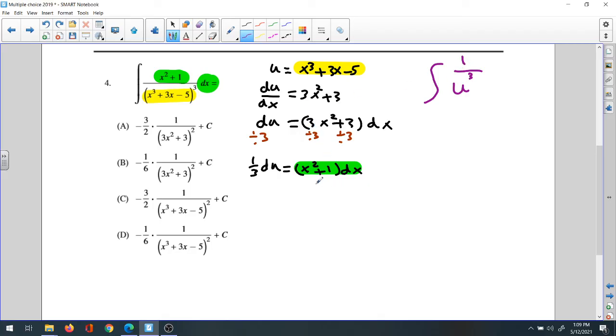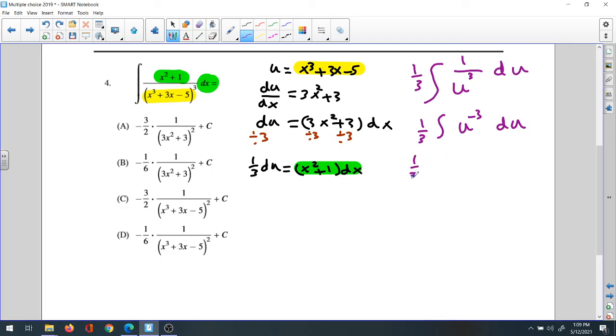And we replace 1/3 du for x squared plus 1 times dx. 1/3 stays outside and du is still here. Let me make it more beautiful so we can integrate it more easily. So 1/3 integrate u exponent negative 3. Now it's qualified for the integration.